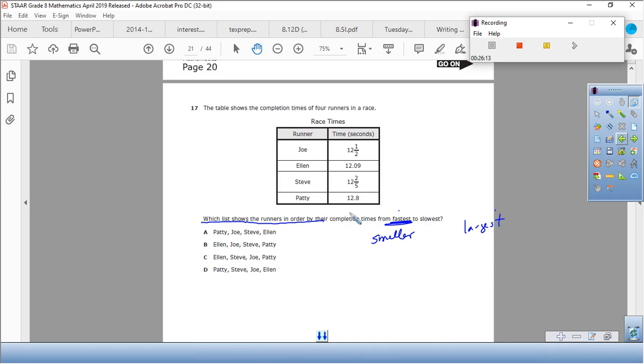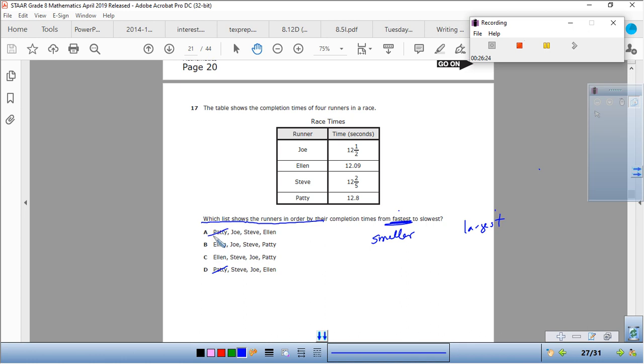That's it? Oh, great. So 12.9 is Ellen. And then 12.5, Steve. Ellen's faster than Steve.